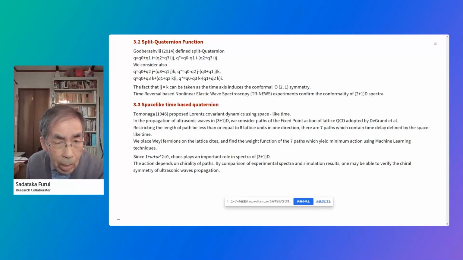We place Wilson fermions on the lattice sites and find the weight function of the 7 paths, which can yield minimum action using the machine learning techniques. Since 1 plus omega square equals 0, chaos plays an important role in spectra of 3-quantum dimension.